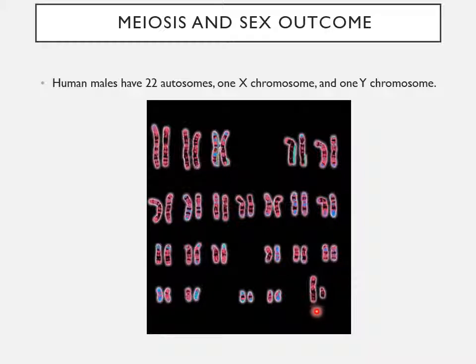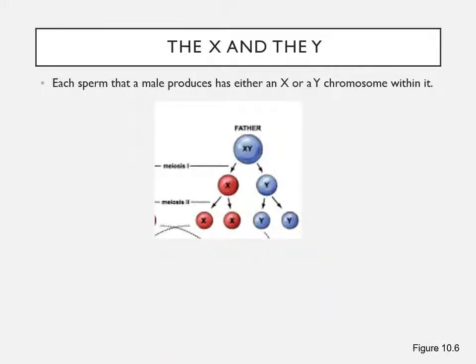Now in the X and Y, that's the same thing. So the X chromosome will go into one new sperm cell, and the Y chromosome will go into another new sperm cell. So when a male undergoes meiosis, he either makes sperm with an X chromosome or sperm with a Y chromosome. Let's just look at this again.